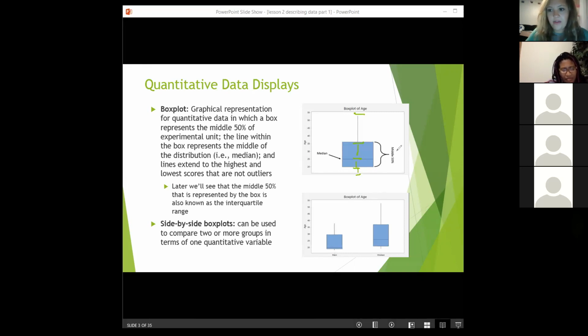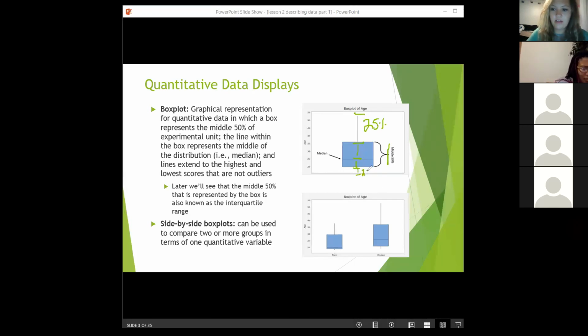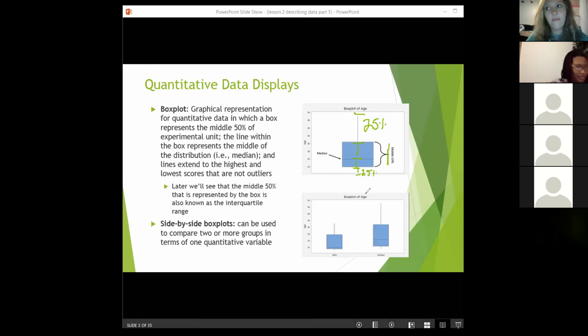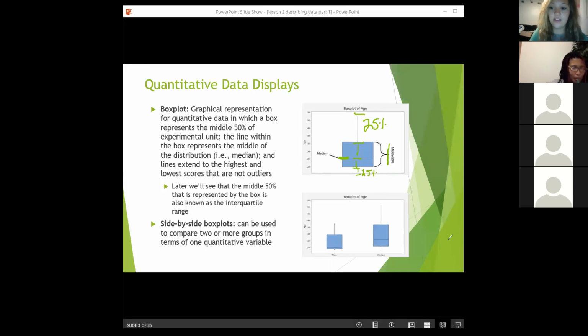This is the middle 50% that they're showing right here, this is the upper 25%, and down here is the lower 25%. This is good to use for percentiles, specifically what we refer to as quartiles, because they're quarters. And the line in the middle is always your median, not your mean. Okay, cool.